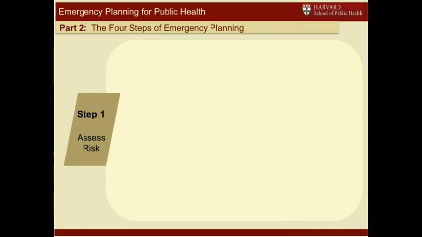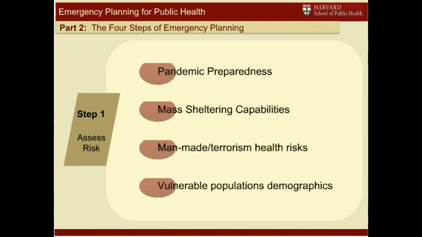Here are some examples where public health may offer information on a community's level of preparedness for outbreaks of infectious illnesses, such as pandemic flu or West Nile virus, and mass sheltering capabilities. Public health may offer staff and shelter equipment, such as cots and wheelchairs. Public health can offer guidance on the health and safety risks following a biological, chemical, or radiological event, either deliberate or accidental.